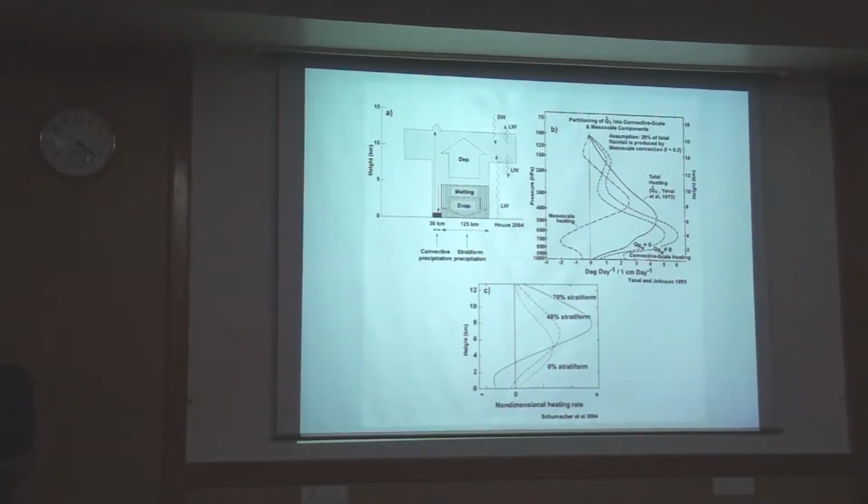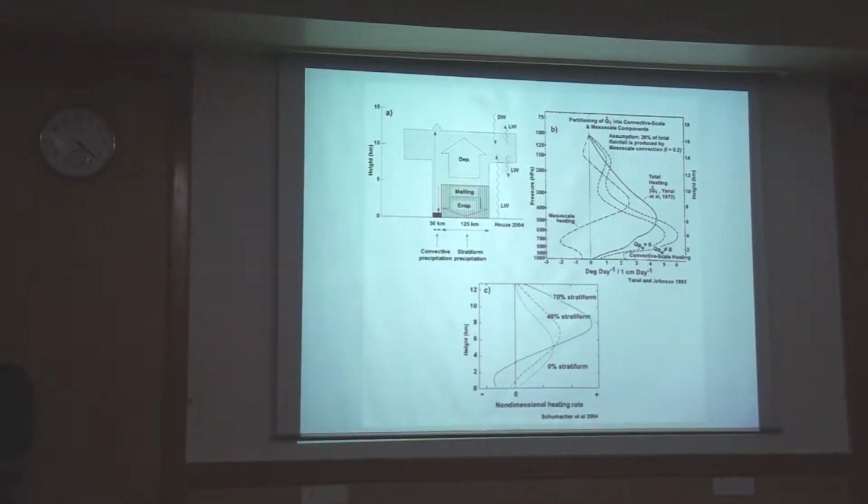And one of the reasons we think GCMs cannot make the MJO very well and cannot maintain it very well is that their heating peak is too low, right? They don't represent these stratiform processes very well, and so the heating profile that parameterizations in current climate models produce is much more like this convective one. There's no stratiform precipitation, the stratiform bit is kind of missing or weak in models, and therefore they don't connect to the waves properly.